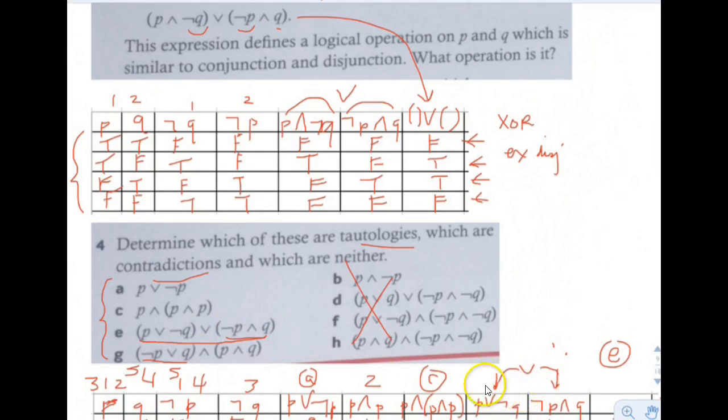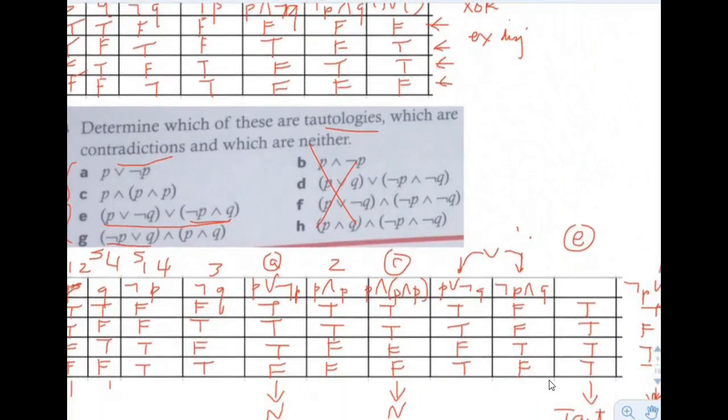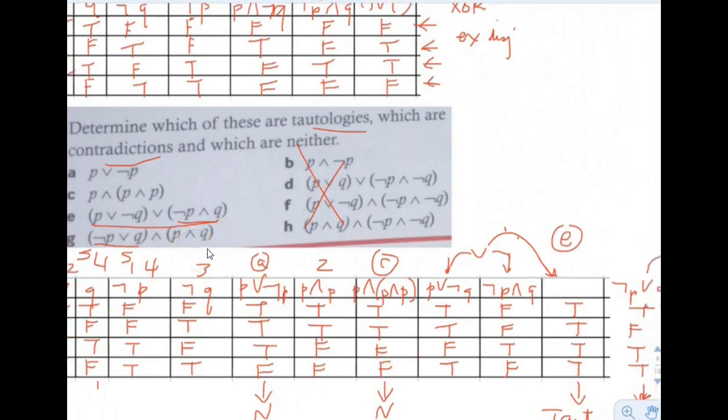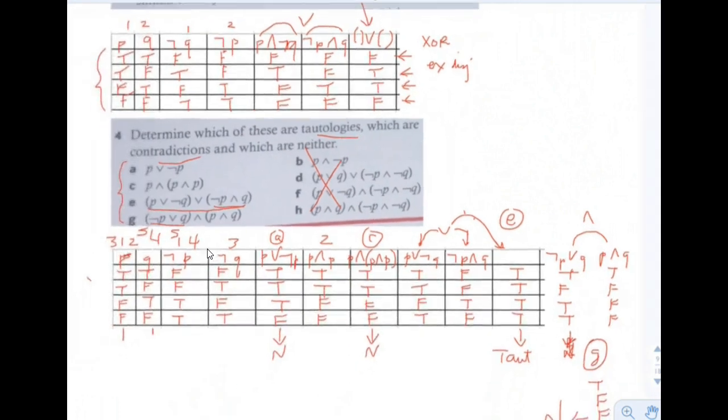Then we're going to make an AND of those two, and put it here. Last of all, for G, we need a not P or Q, and I'm going to put that here. Then I need a P and Q, and I put that here. So I made all these columns to do every single one of these operations in A, C, E, G.